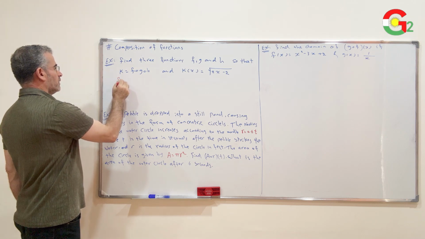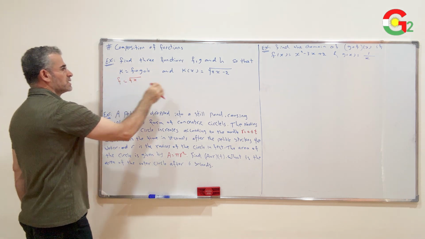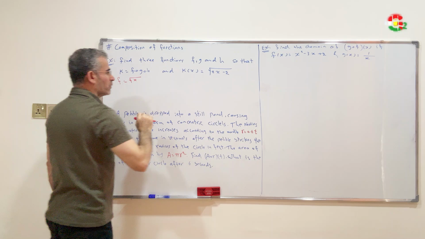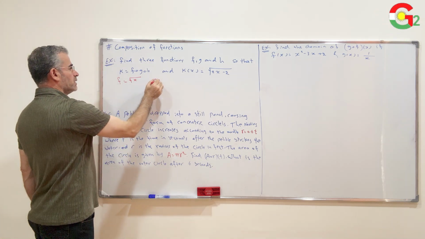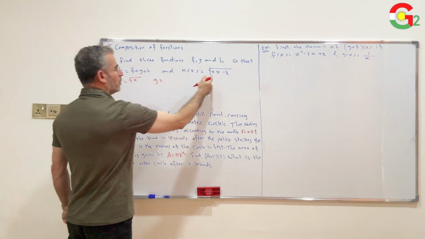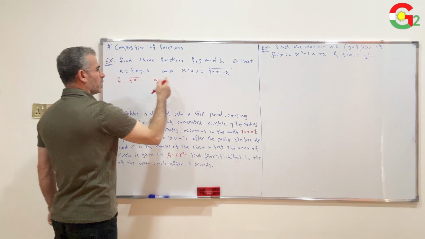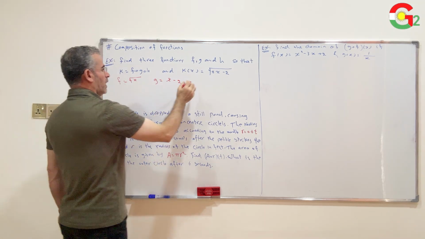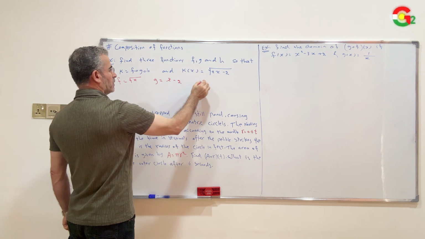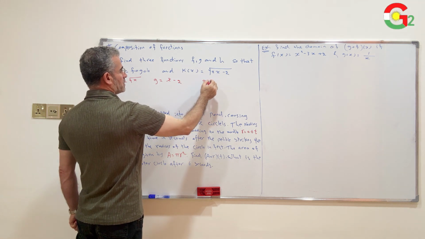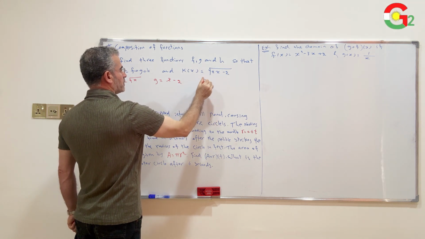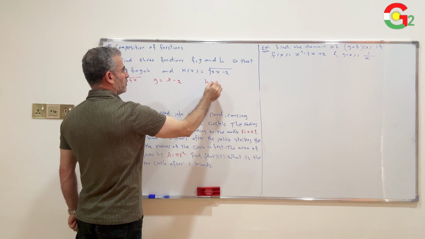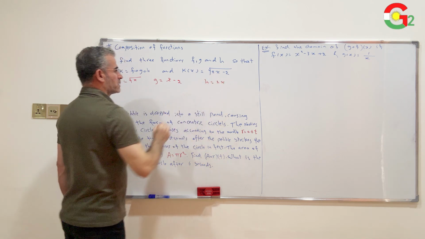f equal to square root of x, since I have a square root here, and g equal to subtracting 2 from the variable, x minus 2, and h equal to multiplying the variable by 2, 2x.